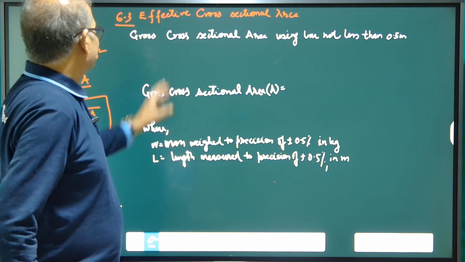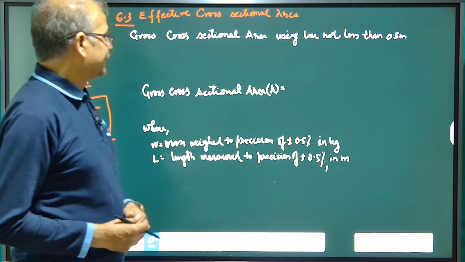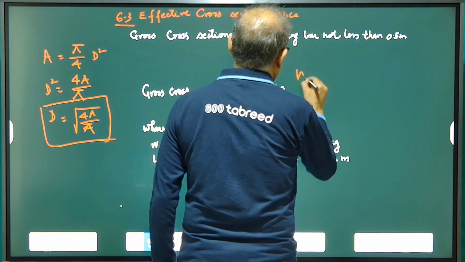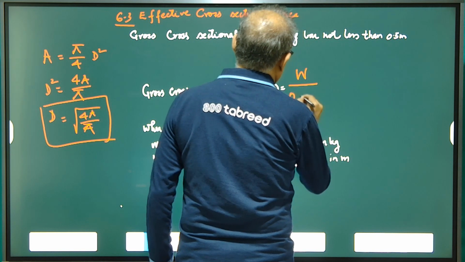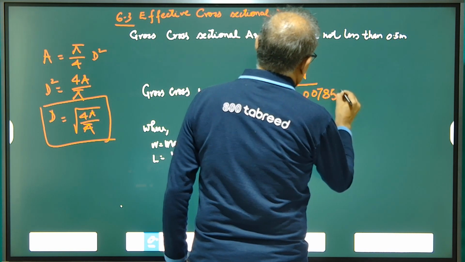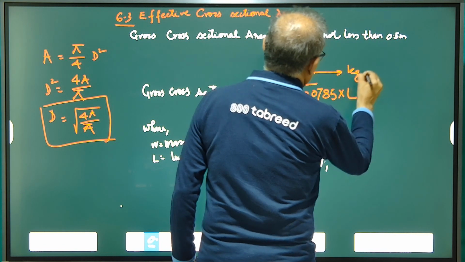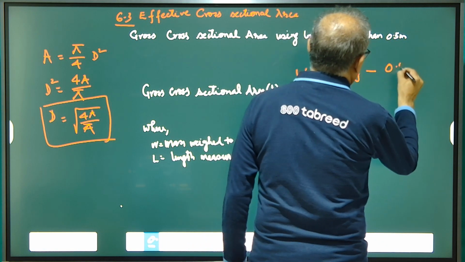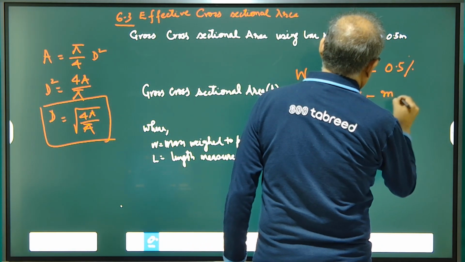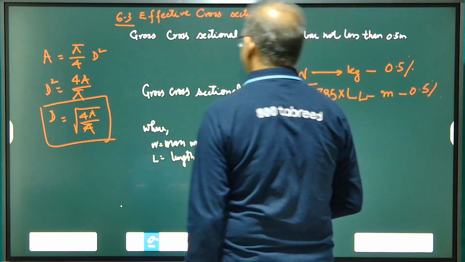In IS 1786 clause 6.3, to measure the gross cross-sectional area, the formula given is weight upon 0.0785 into length. Weight should be in kg, measured to the accuracy of 0.5%, and length should be in meters, measured to the accuracy of 0.5%.